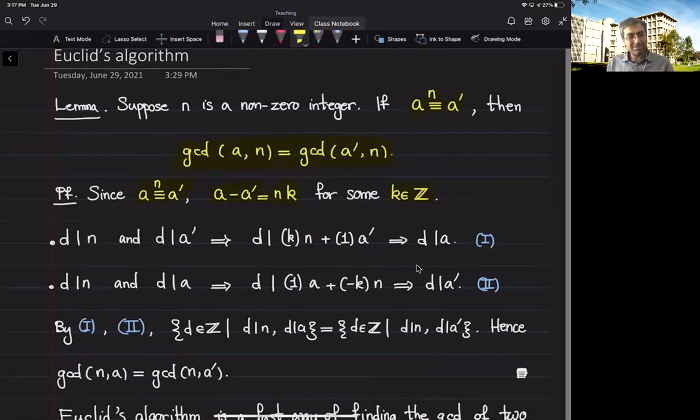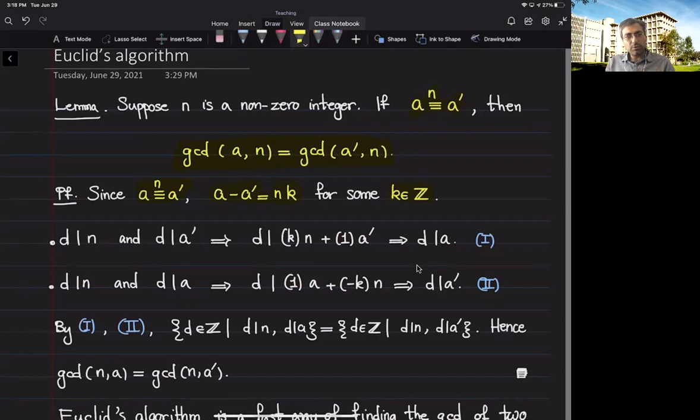Similar to the previous lemma, we are going to show that every common divisor of A and n is a common divisor of A prime and n, and vice versa. So the set of common divisors of A and n is the same as the set of common divisors of A prime and n. That is what we want to show.